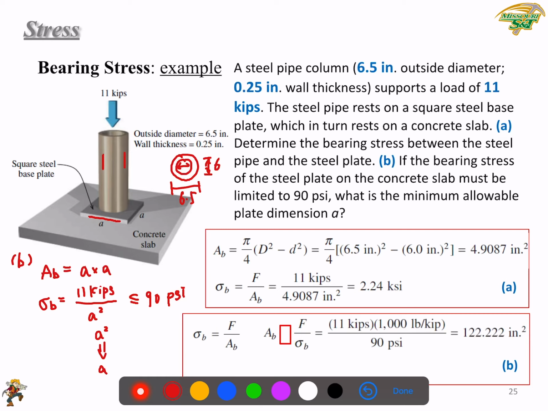So this A_B here is A square. Then A will be just the square root of 122.222, that is approximately 11.06. So the size of the plate will be larger than 11.06 inch.